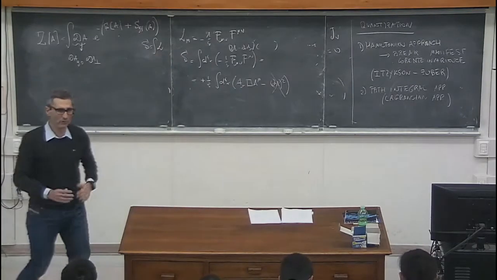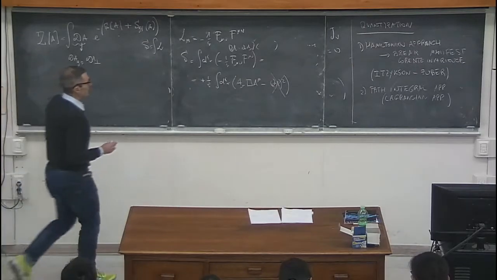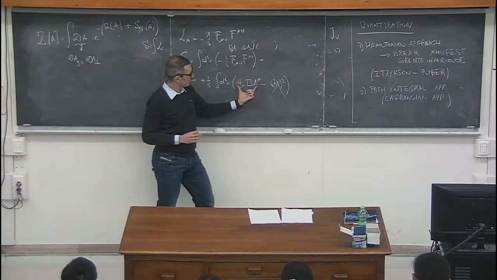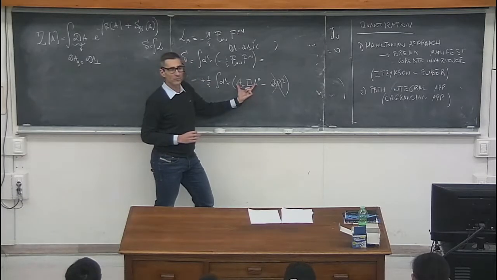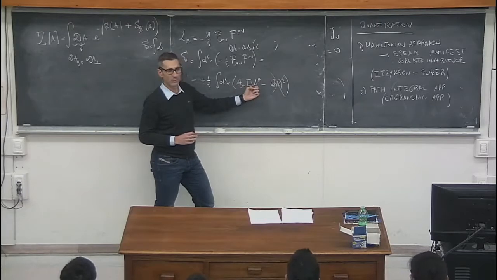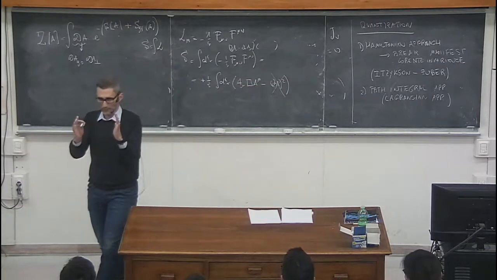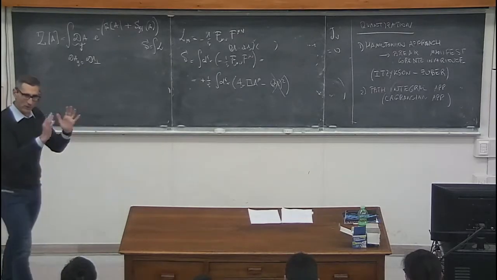Starting quantization means what? Well, you can do it in two ways, but let's do it in the simplest way. One way to do it is, first of all, you compute the conjugate momentum of A mu, and then you find the bracket in order to quantize the field.